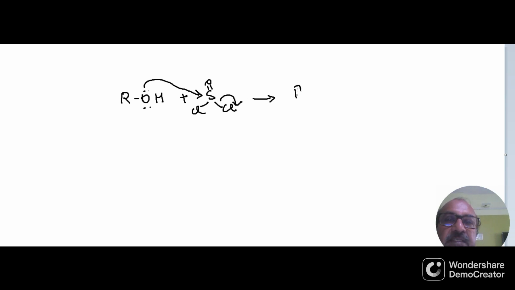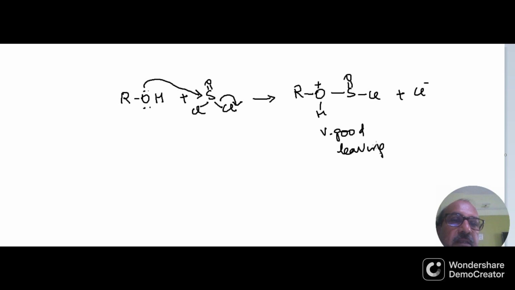So what you get is, and now you can see that this oxygen has a positive charge, and therefore this becomes a very good leaving group, because this oxygen being positive and also attached to chlorine, which are strongly electronegative, this electron pair can be pulled away by the positive oxygen, and this can go out as a good leaving group.